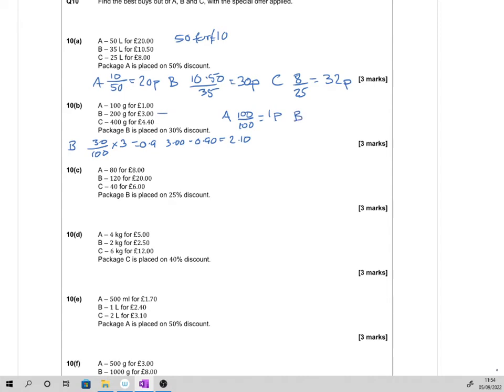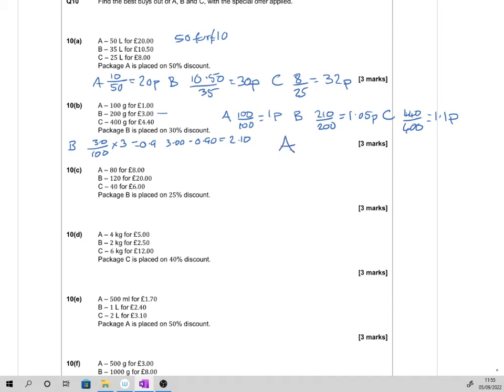Package B is 210 divided by 200, which is 1.05 pennies, and package C is 440 divided by 400, which is 1.1 penny. So which is the best one? The 1 penny. Package A. A is the best one there.